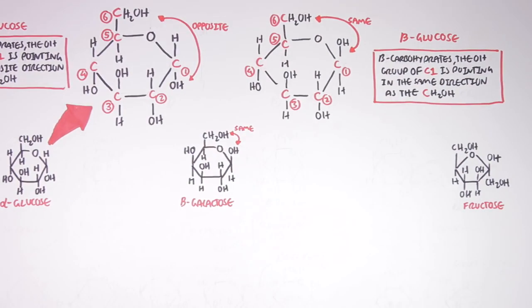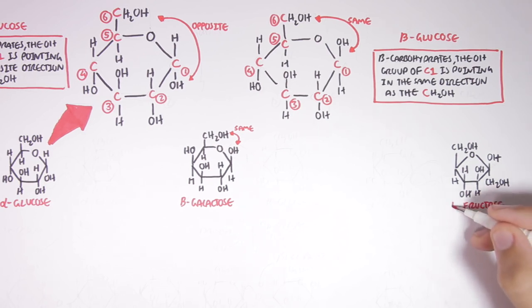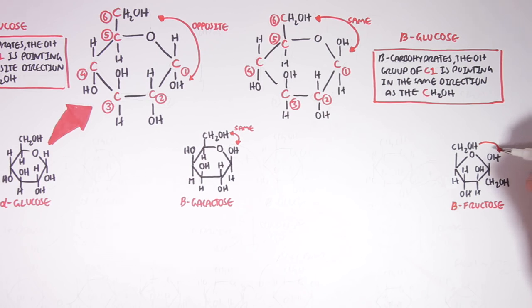Similarly, this fructose here is actually in a beta configuration, so it's a beta fructose because the hydroxyl group here is pointing in the same direction as carbon number 6. So I hope you understood the structure of the 3 major monosaccharides in the human diet.